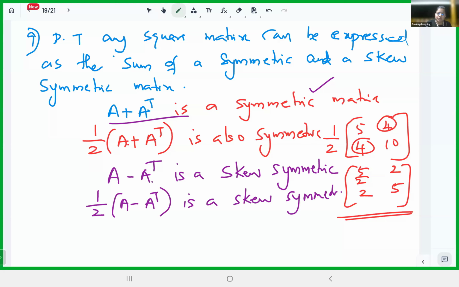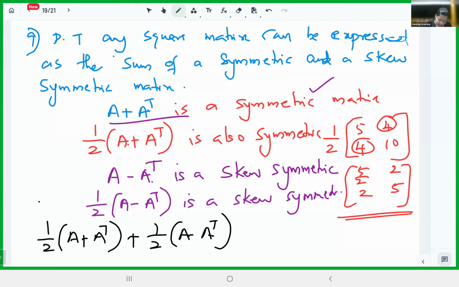Okay, now I'm going to add these two matrices. That is, I'm going to add half of A plus A transpose with half of A minus A transpose. And now if I open the bracket, it will become half A plus half A transpose, right?